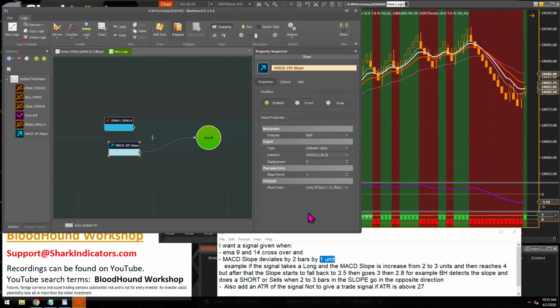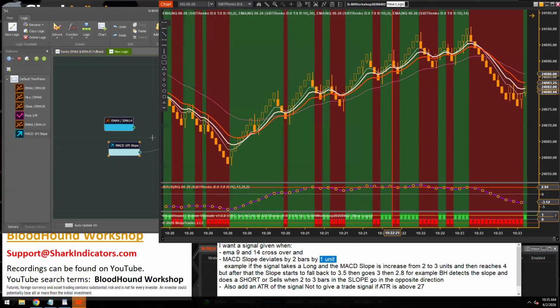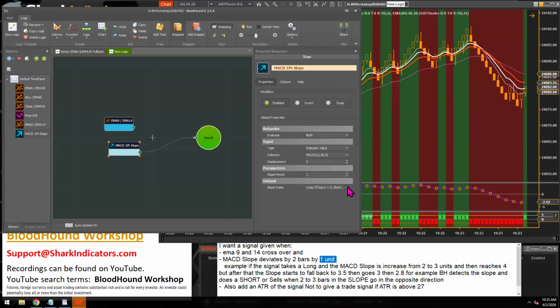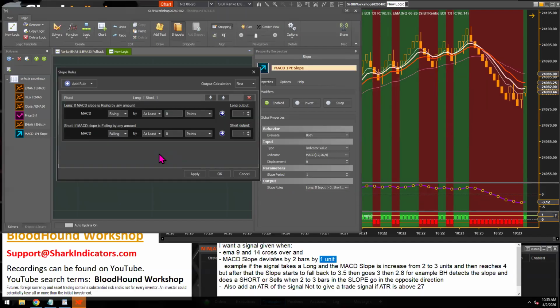All right, now we need that 1 point, or technically it's 1 unit here, but I guess for the MACD itself, every unit is kind of a point there. And the reason why I used 1 point in the name is because in the units here, we don't have units as a unit. So points or ticks.